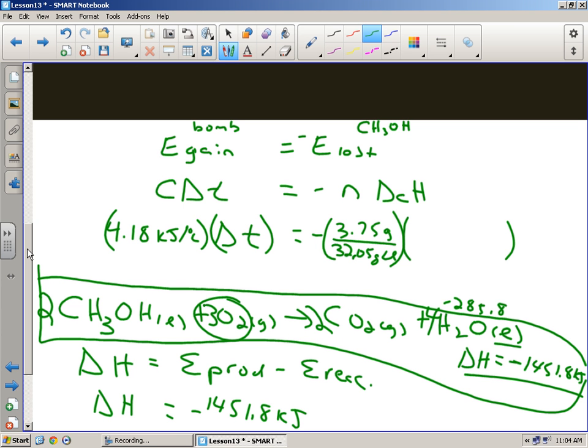What's going to go in here? How many kilojoules of energy do I get per mole of methanol? Well, it'd be your negative 1451.8 kilojoules divided by the 2 moles that give me that.